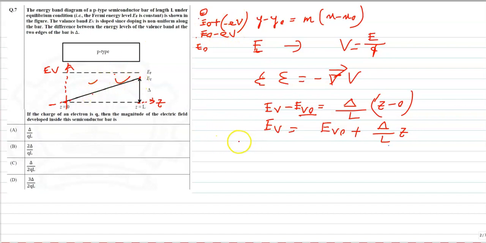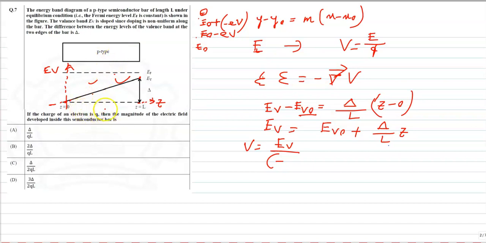So we found the voltage from energy to voltage in the reverse way. So the voltage will be EV upon the negative of the electronic charge.